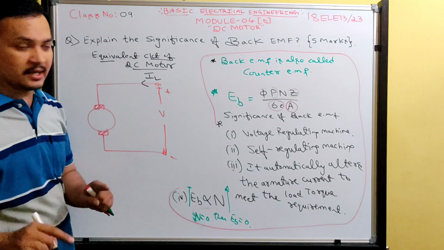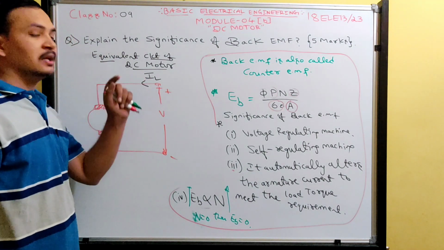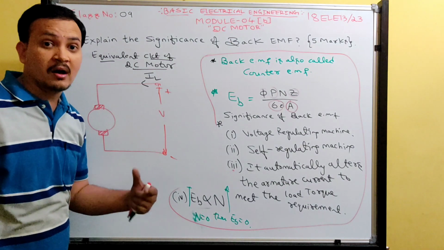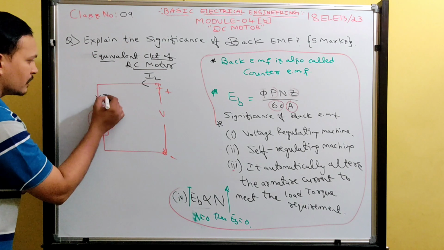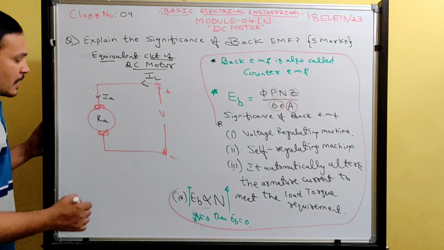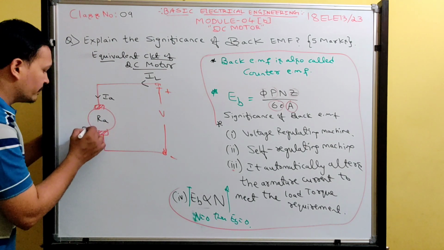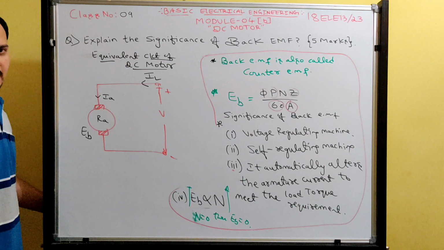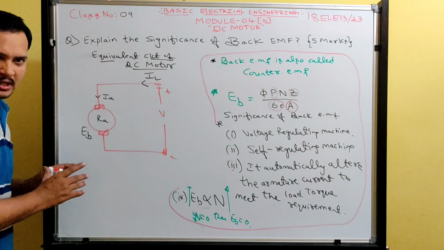In a generator, IL is called load current. In a motor, IL is called supply current or line current. That current flows through the armature. So it has armature resistance, and in the motor, back EMF is generated. Got it? So this is the symbolic representation.